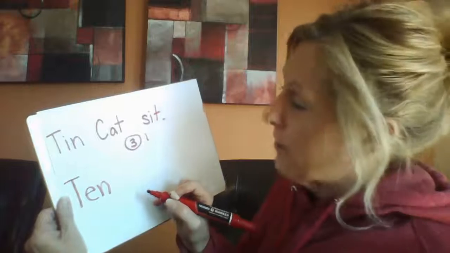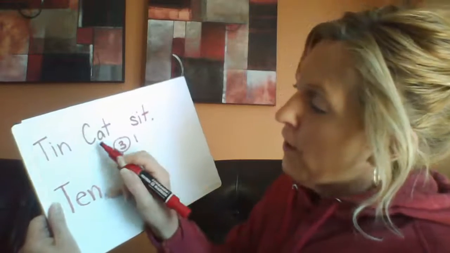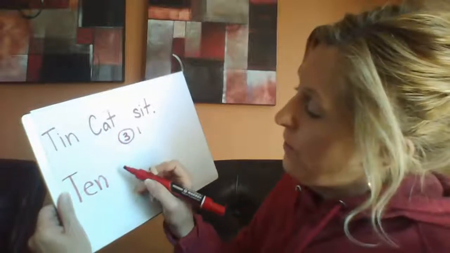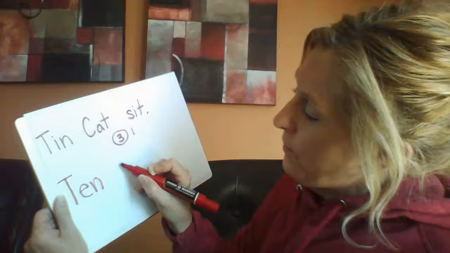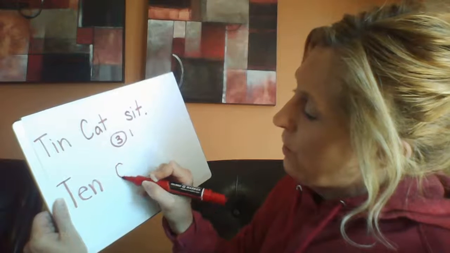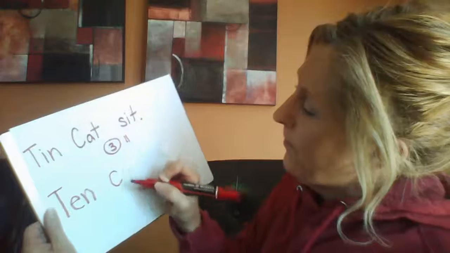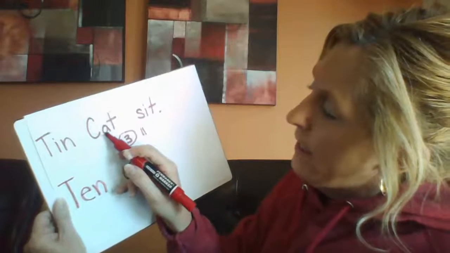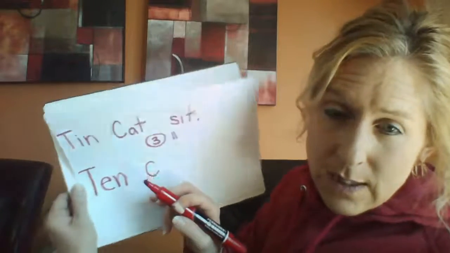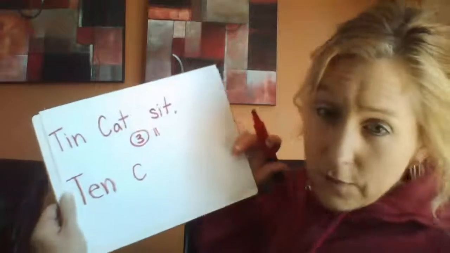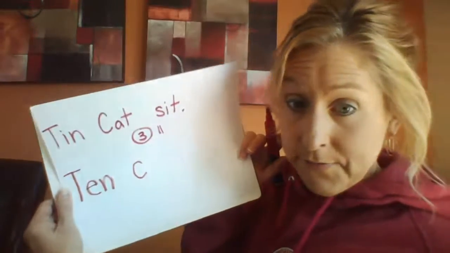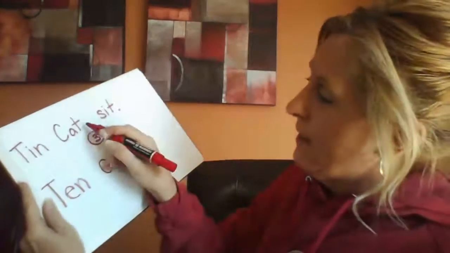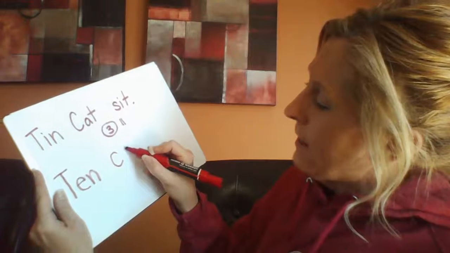10 cats. What is wrong with that? I'll give you a hint. There's 2 things wrong. First of all, shouldn't be putting a capital in between our sentences, so it needs to be a lowercase. So that was one of them. And then cats. What does that word cat, oopsie, need for it to say cats? It needs an S at the end, doesn't it?